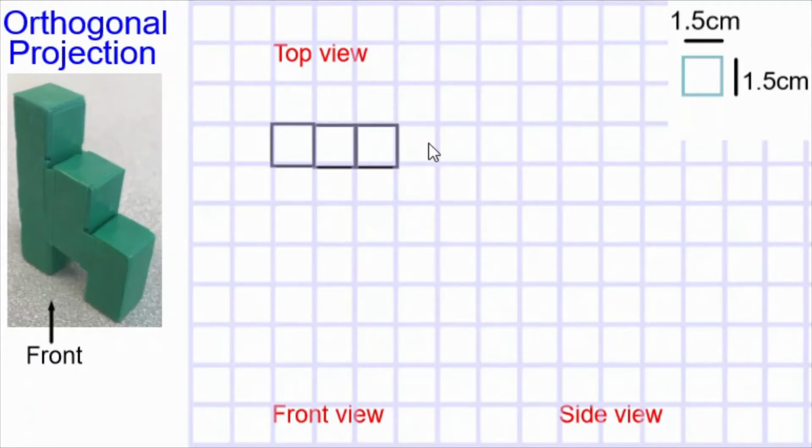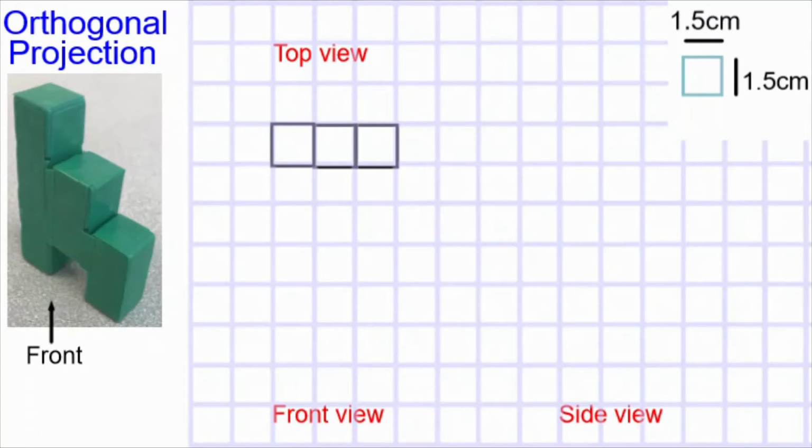This is what it looks like on the top. Now, this makes a rectangle which, applying our scale, is 4.5 centimeters long. And, well, when you have these 3 squares, which are 1.5 centimeters in length each, yes, they do add up to 4.5 centimeters. So we are respecting our scale.